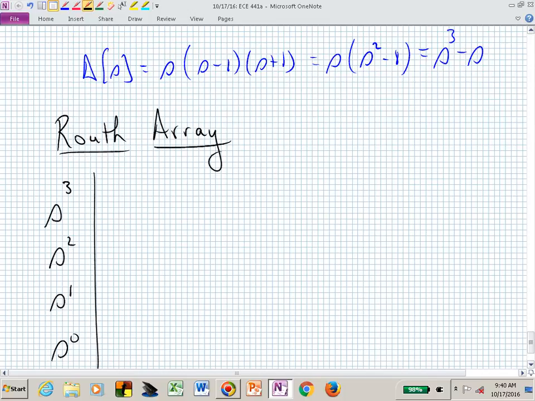What's in my top row? 1 and minus 1. And what's in the second row? I need my s squared coefficient. I need my constant coefficient. That's an all 0 row.